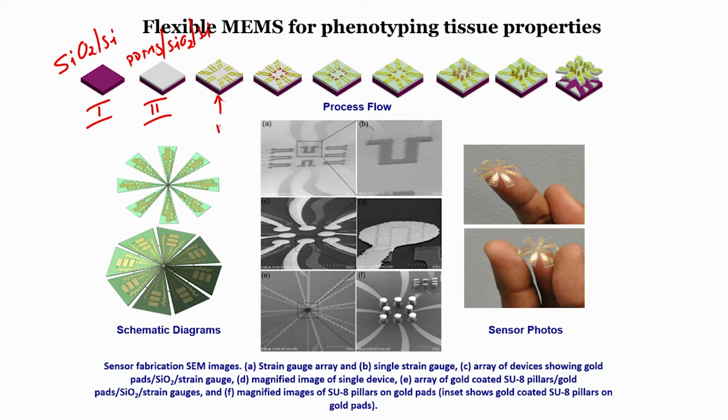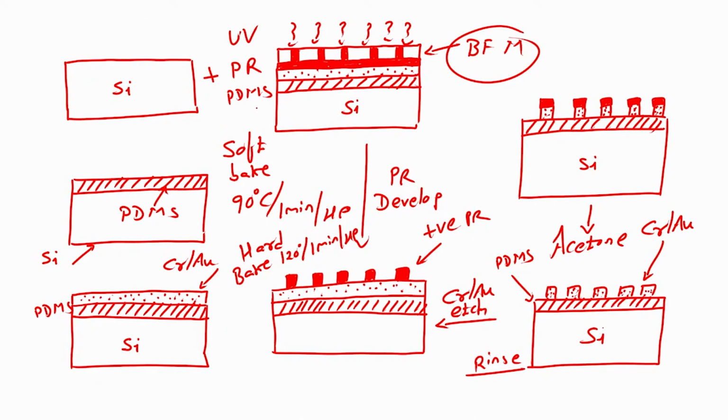This one, which is step number 3, is your chrome gold patterned on silicon dioxide or oxidized silicon substrate, alright. So, to come to this particular step, which is step number 3, we have to perform the photolithography process.